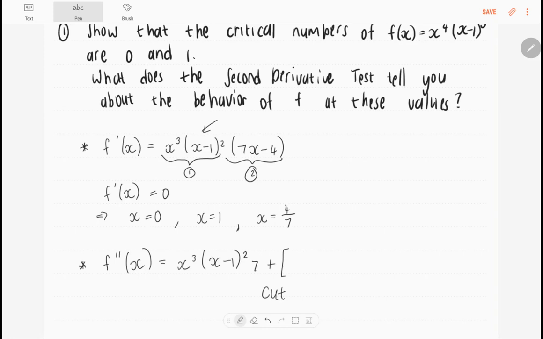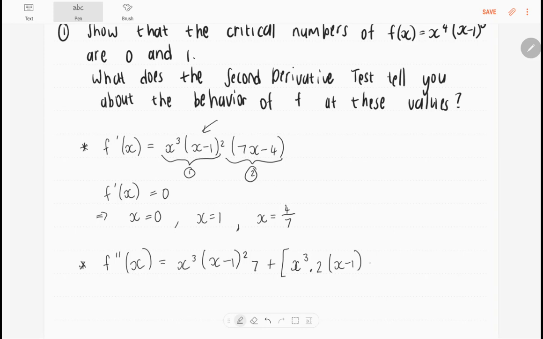now I'm going to work out the derivative of the first. But the first, as I said, is also a product. So for the first, I'm going to use another product rule. So I'm going to say I have x cubed multiplied by the derivative of x minus 1 squared, which is 2x minus 1.